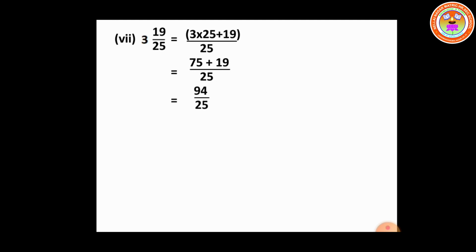So I want to make that denominator 25 as 100. So I have to multiply by 4, both numerator and denominator. 94 into 4 by 25 into 4. 94 into 4 equals 376 divided by 100. 100 has 2 zeros, so it gives 2 decimals. So 3.76 is the decimal form.